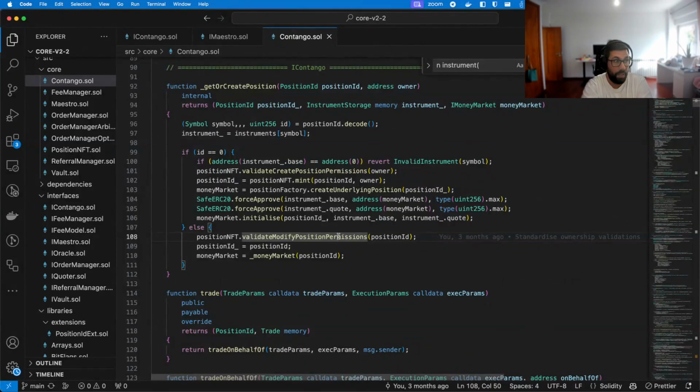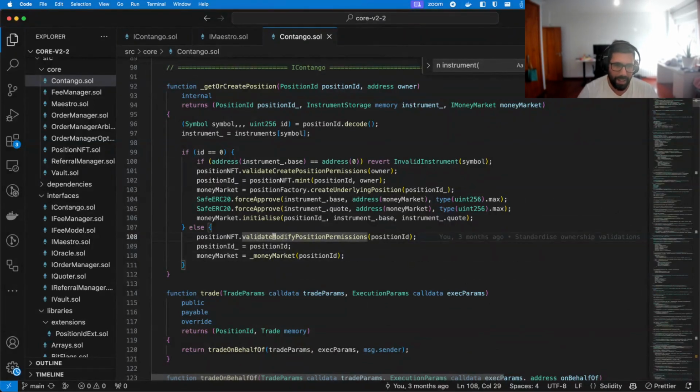Or you can decide to sell your position from outside Contango and give your position to somebody else, and you're effectively giving whatever that position is worth to someone else. And we also don't have to write a lot of code, so it's a win-win.